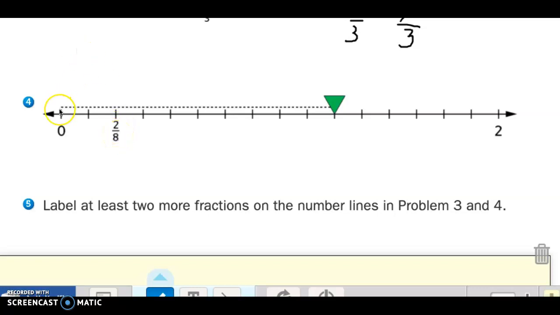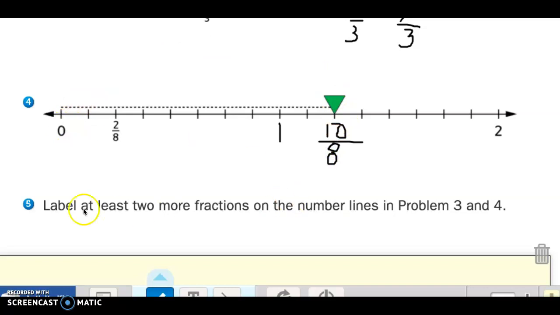Let's see where our triangle's at. 1/8, 2/8, 3/8, 4/8, 5/8, 6/8, 7/8, 8/8, and I'm going to put 1 here because that's a whole. 8/8, 9/8, and 10 over 8. So that is 10/8. That's our distance, 10/8 from 0.